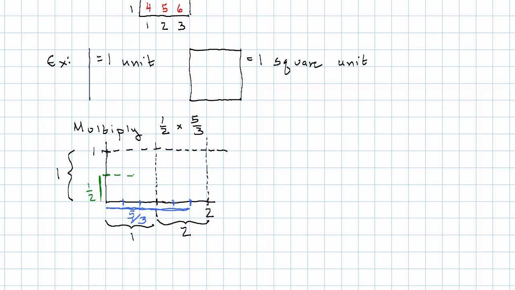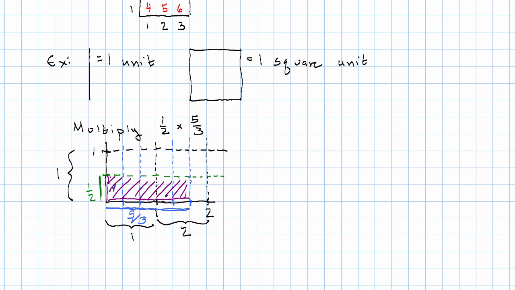I'm going to extend my 1/2 line, and I'm going to extend my thirds. The product then is going to be an area with this height and this width. So the product is going to look like that.